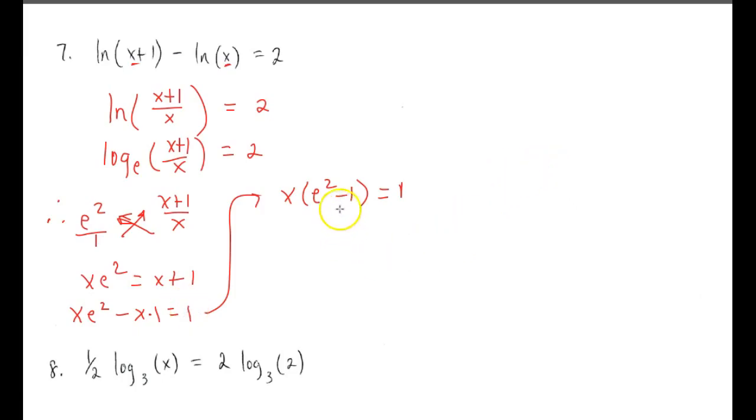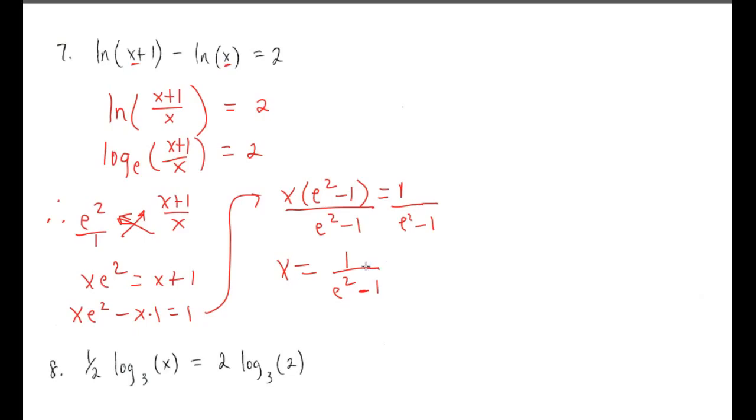And so now from here, e squared minus 1 is just a constant. It's an irrational number. It is ugly, but it is still a constant. So now to solve for x, we just divide both sides by e squared minus 1. And so x is just 1 over e squared minus 1, and that is the exact answer.